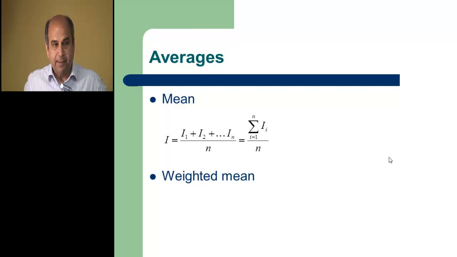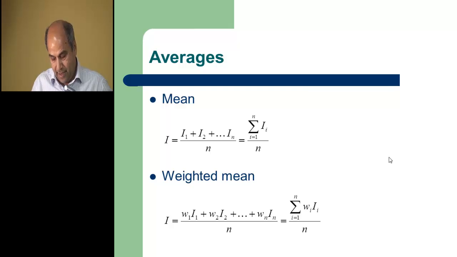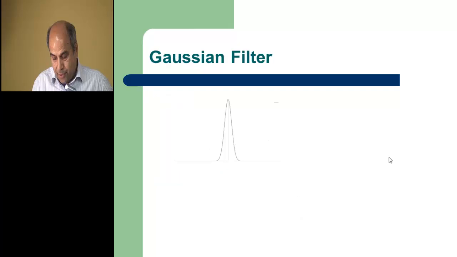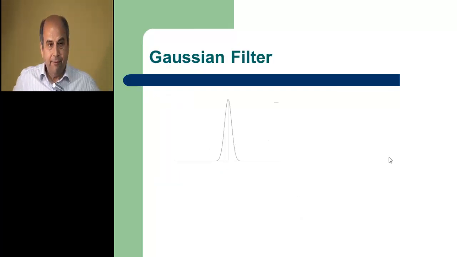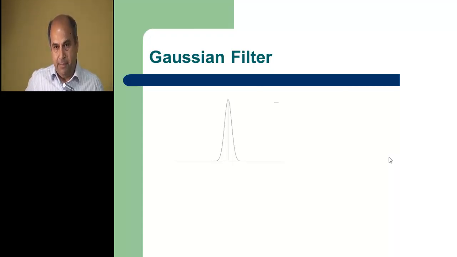Now there is something called weighted mean, which means you apply some weight to each item and then again sum them up and then divide by that. So that these weights are W1, W2 and so on, and then you divide by that.